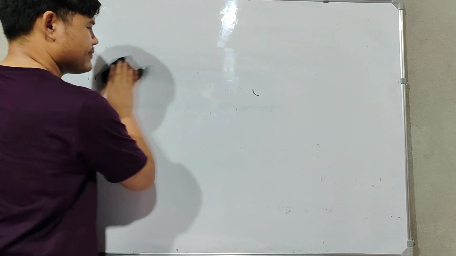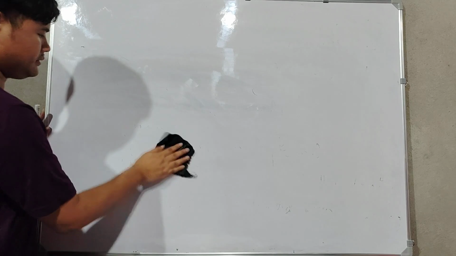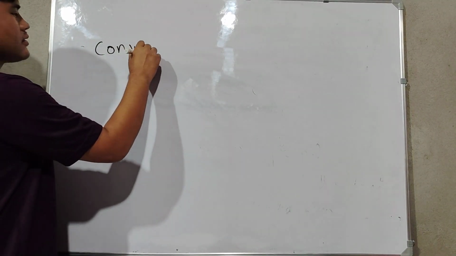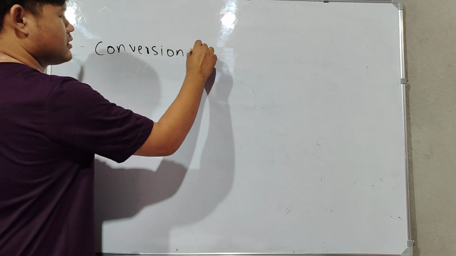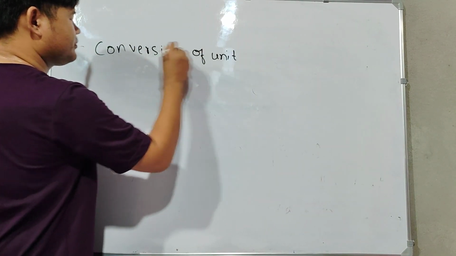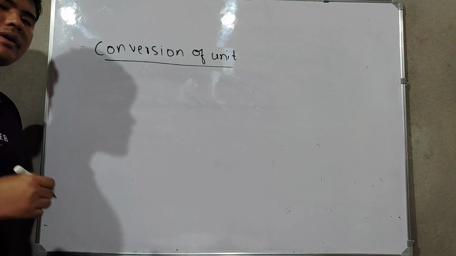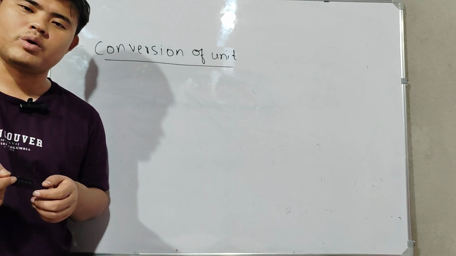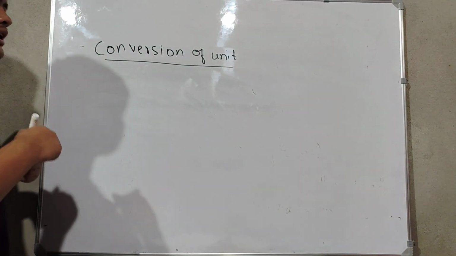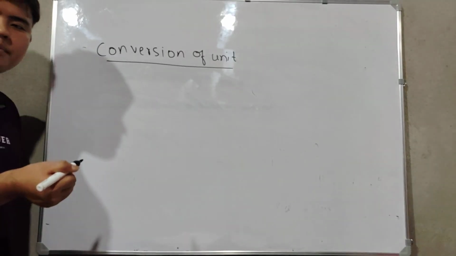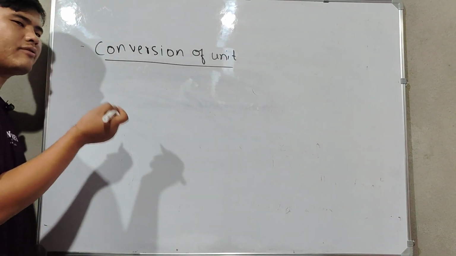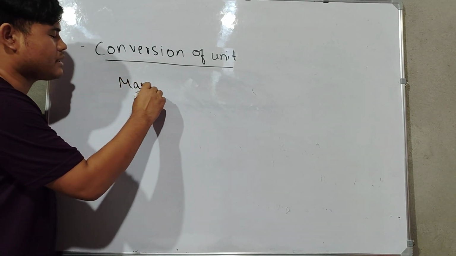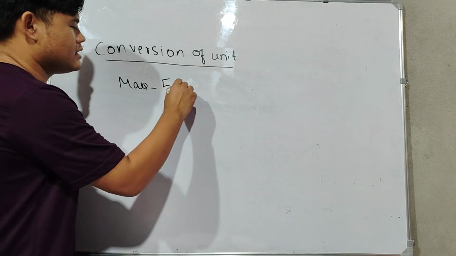Whenever we represent a physical quantity, it is always written in the form of a number and a unit. Suppose I want to represent the mass, and suppose that mass is 5 kg.